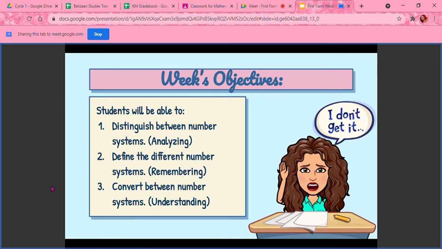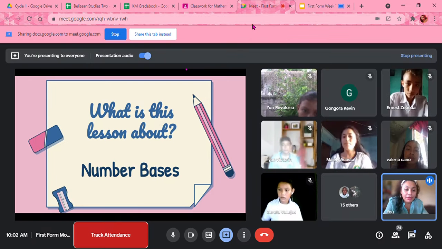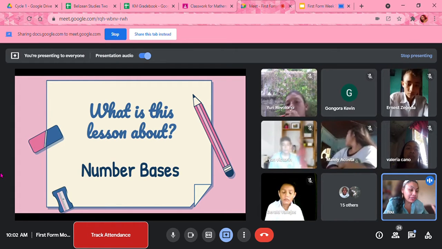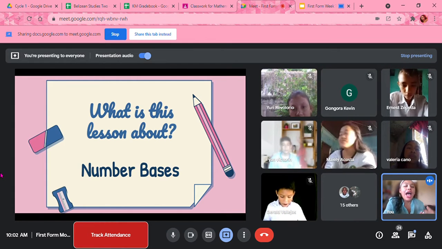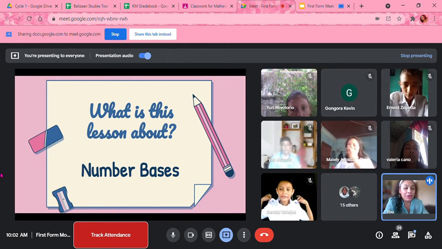We're going to talk about different number systems, and then we're going to convert number systems. This is what we're doing this week, all right? So today we're talking about number bases. Today we're just doing the basics. We're going to talk about place values of the different types of number bases, and then about the number bases that we want to learn about this week, all right?